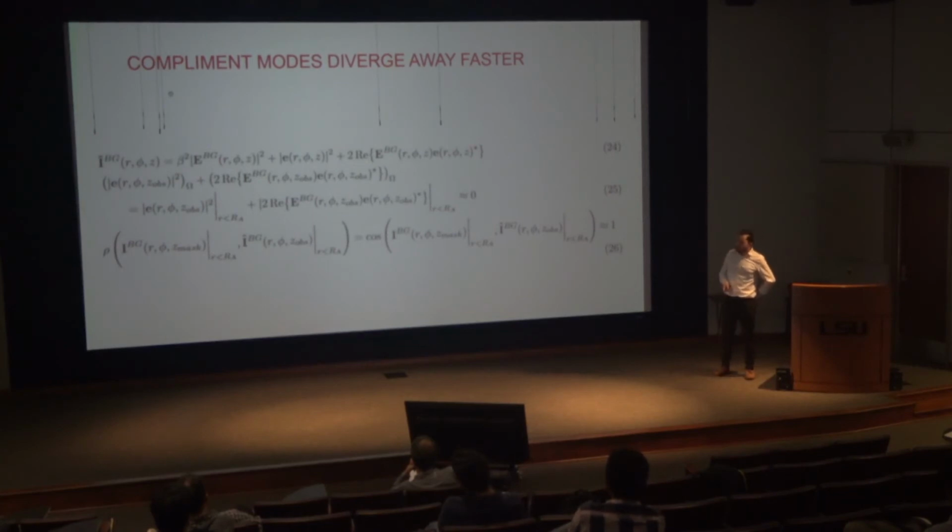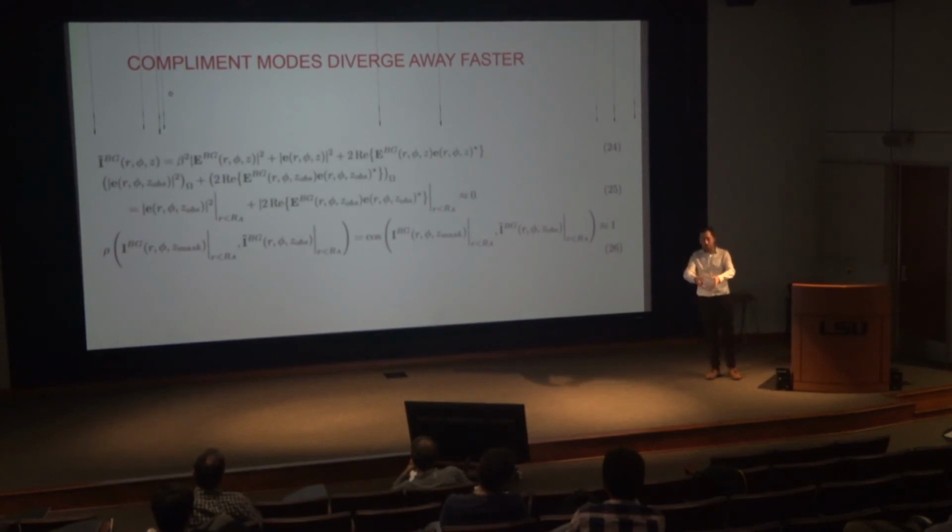And that's why, at the end, for the intensity pattern, inside some self-healing subdomain, for example if you look only within a disk near the propagation axis, you see that the terms involving E just go to 0.